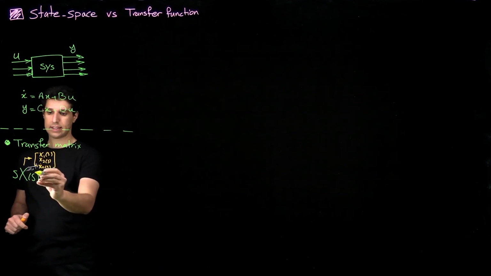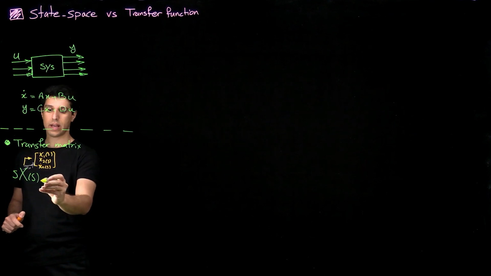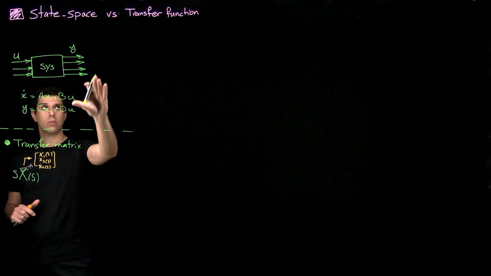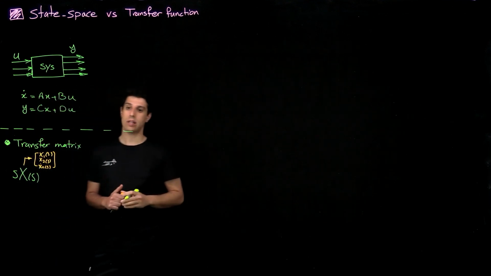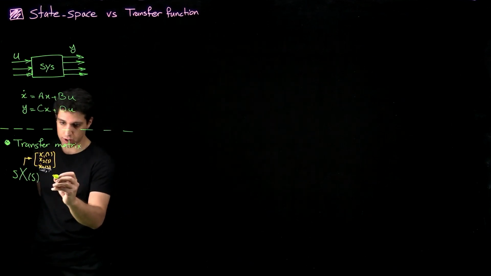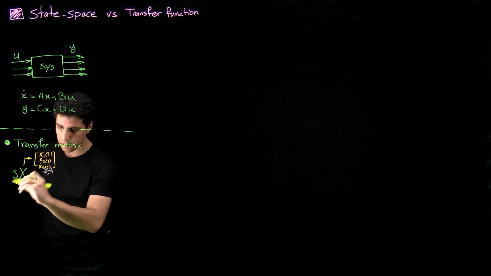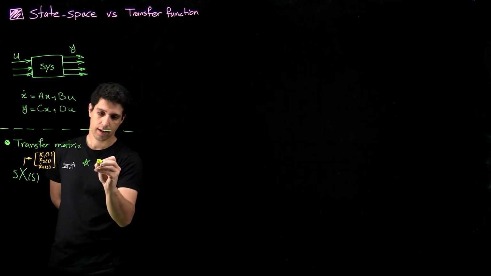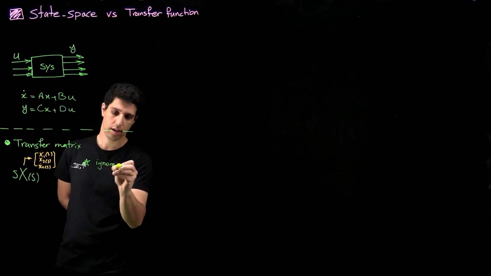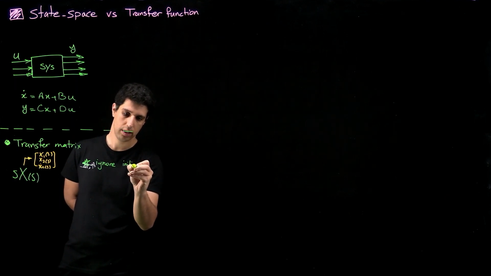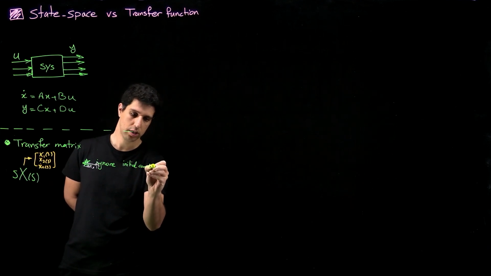So s times X of s, and remember when we were talking about transfer functions, we always had zero initial conditions just to extract the input-output relationship. So here we do the same, so ignore initial conditions.